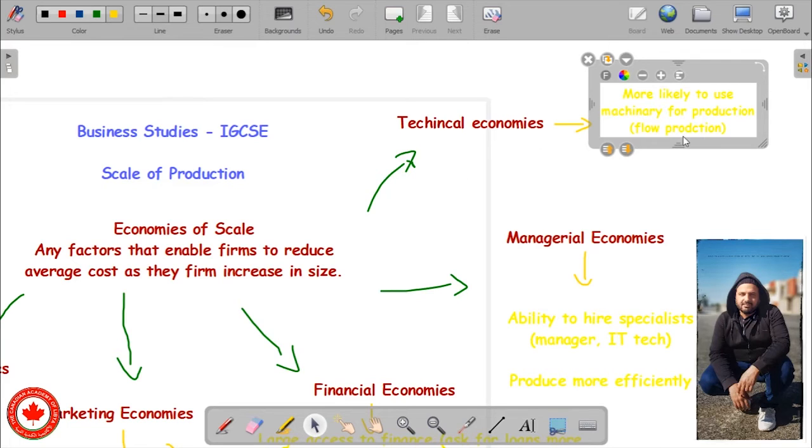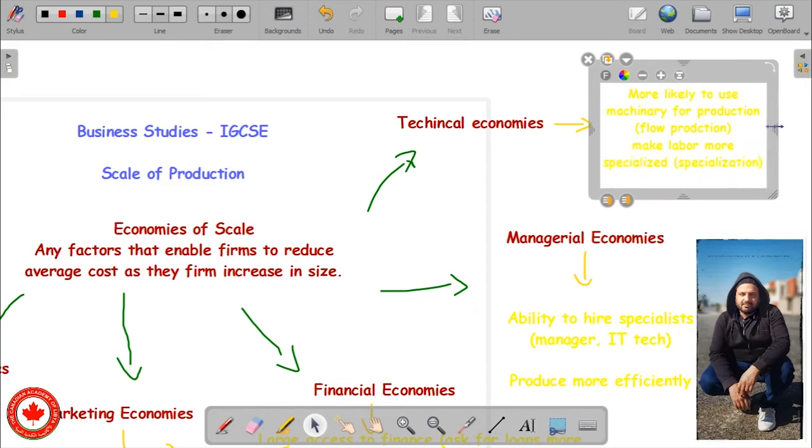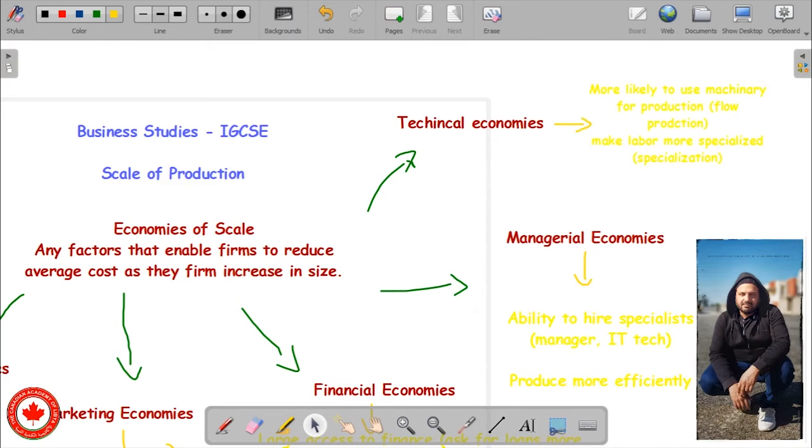Another advantage considered as technical economies, these firms will make labor more specialized. Remember when we talked about specialization? Most of the firms, large firms, will benefit from that.